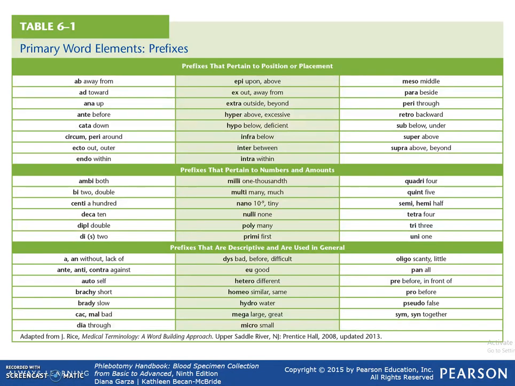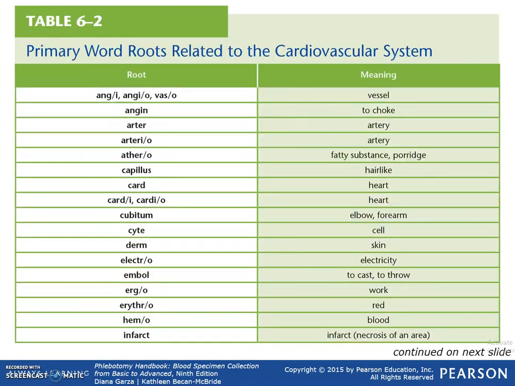Then we have prefixes that pertain to numbers and amounts, and prefixes that describe and are used in general. An example would be pseudo, which means false, and we're going to talk about pseudo-positional anemia in phlebotomy, which is false positional anemia based on the patient's level of whether they're lying down, sitting up, or standing.